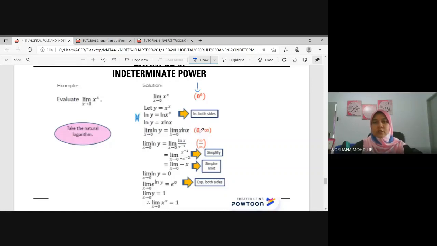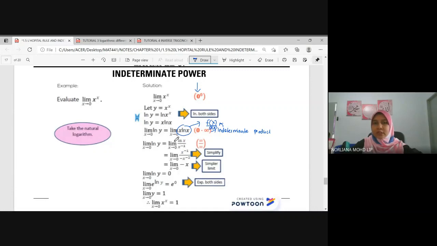Then we find the limit for this function. So we get 0 times infinity, which is an indeterminate product. If it is an indeterminate product, we have to modify this function into f(x) over g(x).